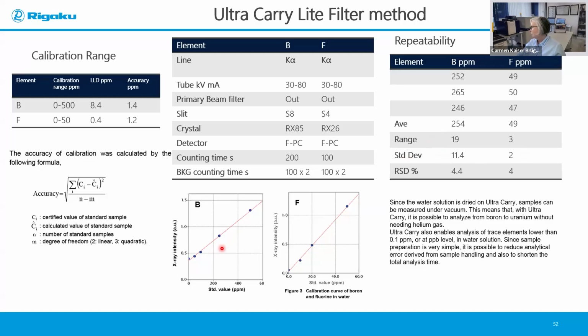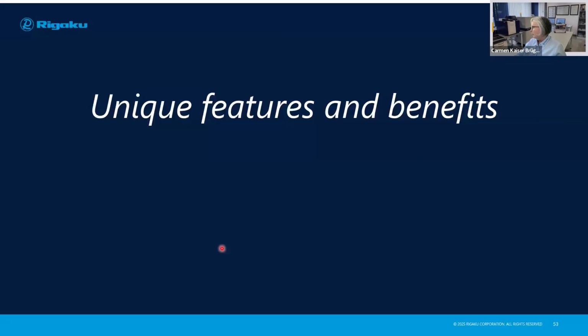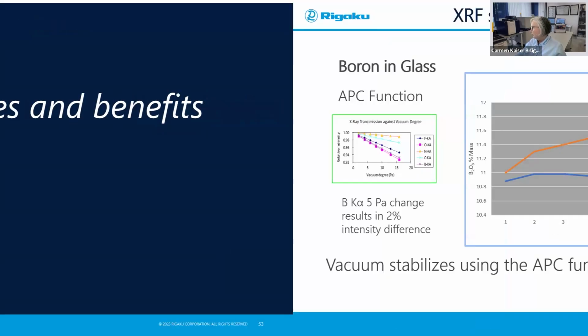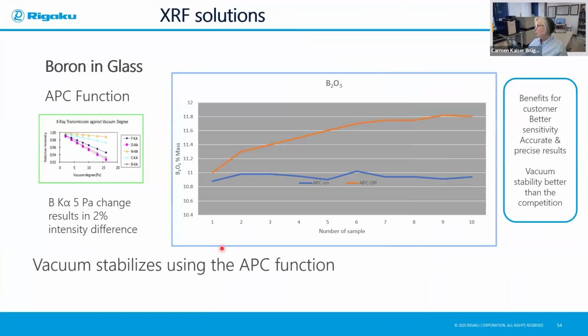So it's possible. Let's look at some of the unique features and benefits that we have on the Primus instrument. So here we have a very nice feature which is called automatic pressure control. If we have a very stable and consistent vacuum level, we can get a very consistent signal.